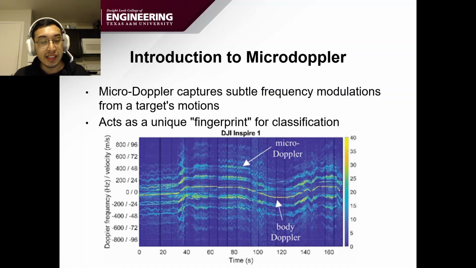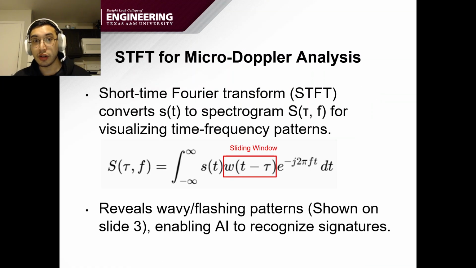Now, we can take this and convert it into a spectrogram, and you can actually see the micro-Doppler, the little ripples created by the micro-Doppler within the large bulk Doppler. But in order to get the spectrogram, we actually use the short-time Fourier transform, which is used by taking a sliding window of the Fourier transform across the whole input signal, the whole Doppler.